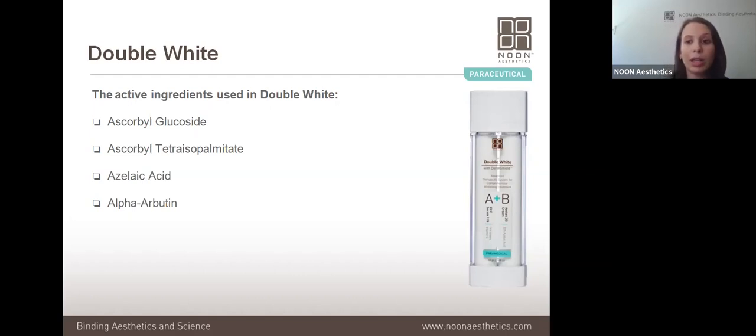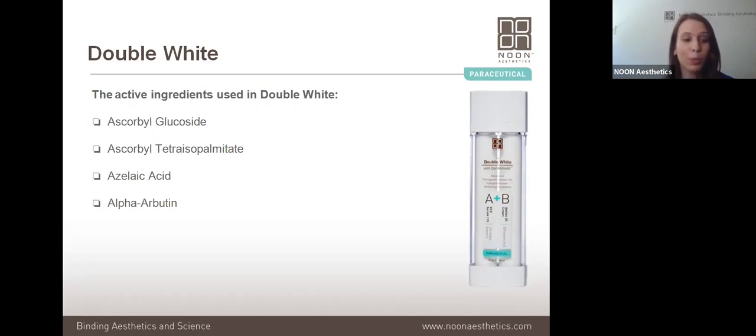So if we look at the B pump separately, it's really melanin inhibitor because we have two in here, but the azelaic acid is also keratolytic, has a keratolytic character. So it can also help with the turnover, as I mentioned, that we need to do in order to shed the color, the pigment.